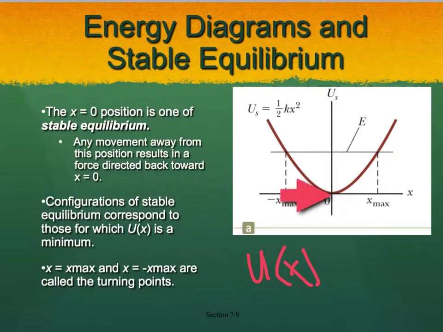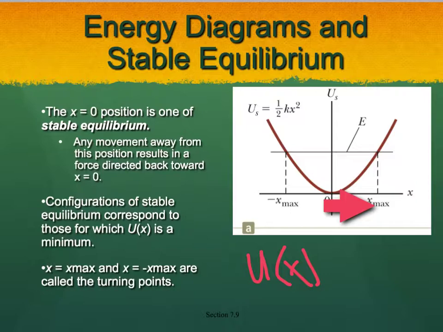If some external force compresses the spring, then x is negative, but the force is now positive, again bringing it back towards equilibrium. So the block is going to oscillate between negative x max and x max, and these are called turning points.